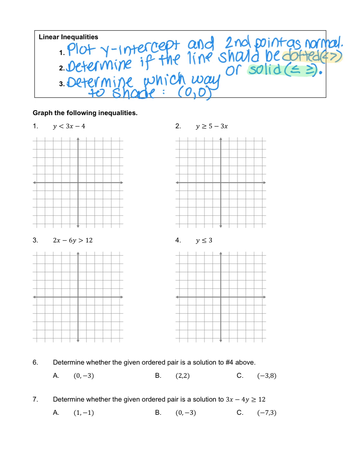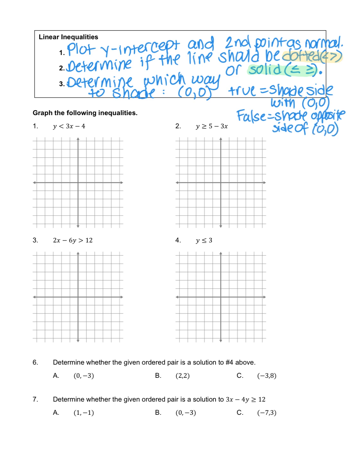You plug in 0, 0 for your x and your y, and if the answer is true, then you shade the side with the point 0, 0. If it is false, you shade the opposite side of 0, 0. And I will demonstrate this for you.